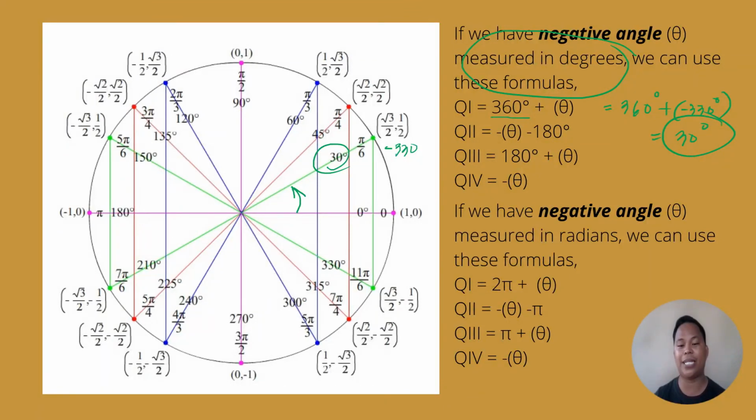And if it is in quadrant 4, we need to multiply negative 1 to find its reference angle po. For a negative angle measured in radians, we are to replace 360 degrees by 2 pi and 180 degrees by pi po. So, ayan po, pi, 2 pi, pi. The same with the formulas if the given angle is measured in degrees po.